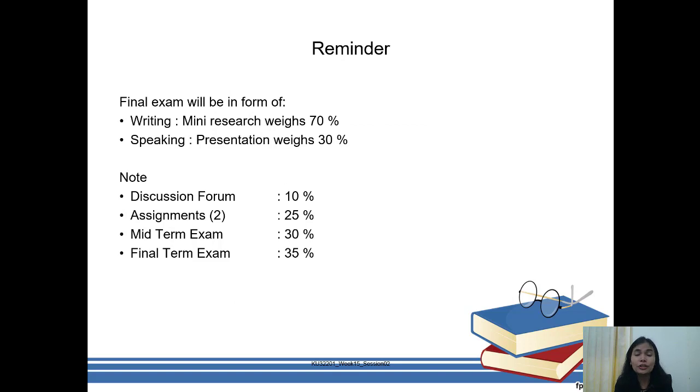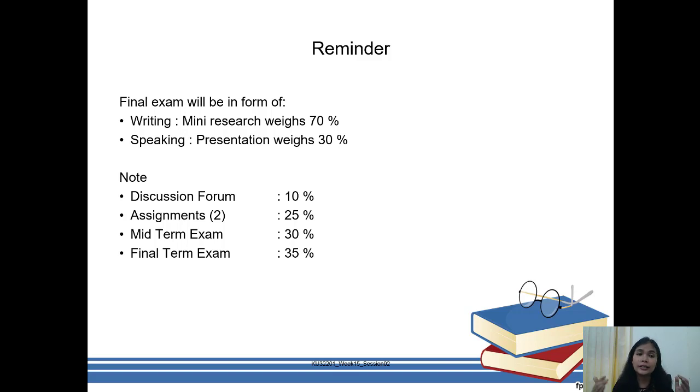Okay, so that's actually the end of my presentation today, everyone, and that's actually the last material for this semester. So I'm very excited about this semester. I would just like to remind you again, because 2 weeks from now, we are going to have final tests. The final test, as I have mentioned in the class, will have 2 modes: writing and then speaking.